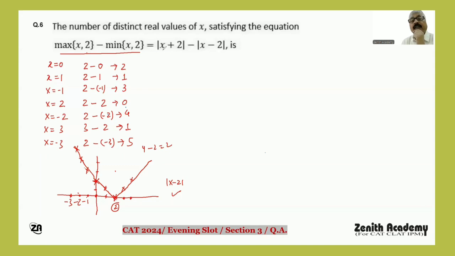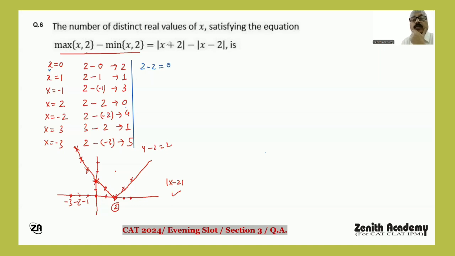Let us take another, mod of x plus 2 minus mod of x minus 2. Here if I take x is equal to 0, on putting x is equal to 0, the right hand side, mod of 2 is 2, and 0 minus 2, mod of -2 is 2, so 2 minus 2 is 0.